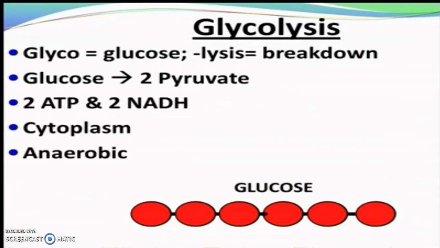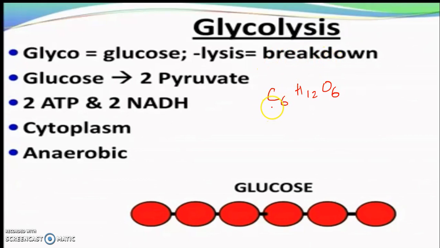So let's look at the first step of cellular respiration, which is glycolysis. If you split the word glycolysis, glyco means glucose, which is C6H12O6, and lysis means breakdown.